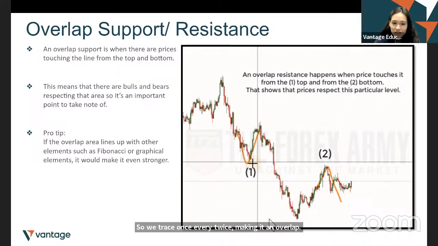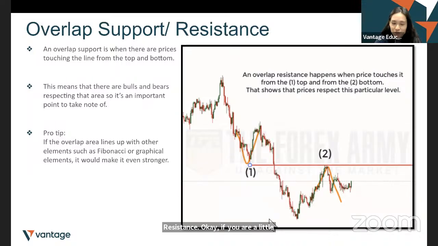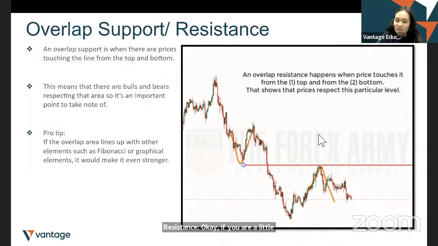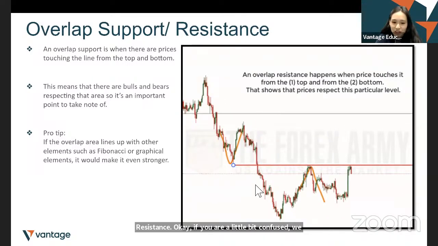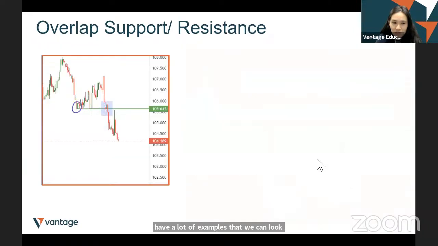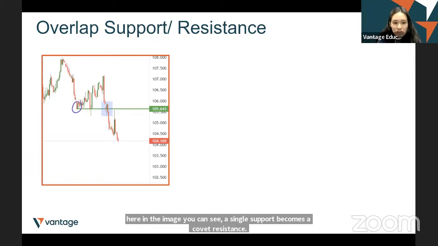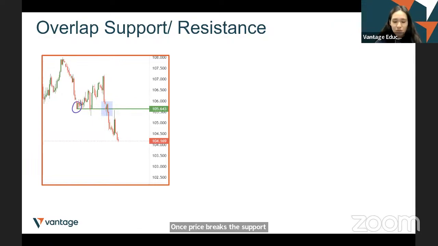Okay, if you are a little bit confused, we have a lot of examples that we can look at. So here, in the image, you can see a swing low support becomes a pullback resistance once price breaks the support at the 105.643 level.